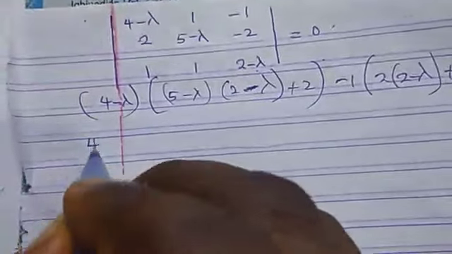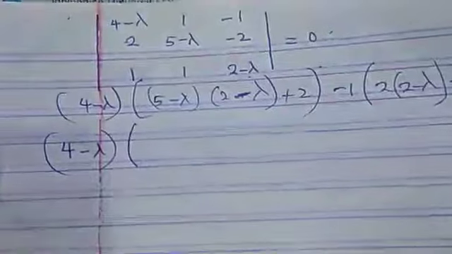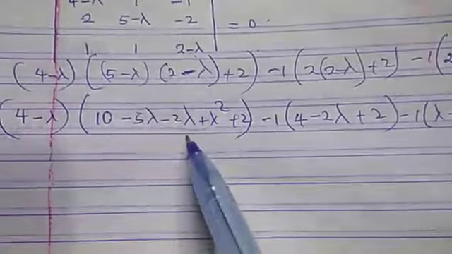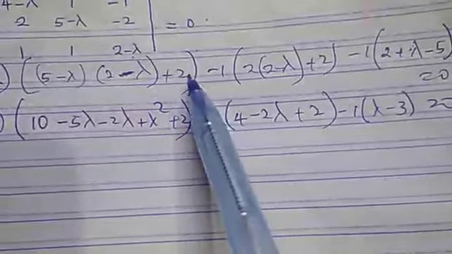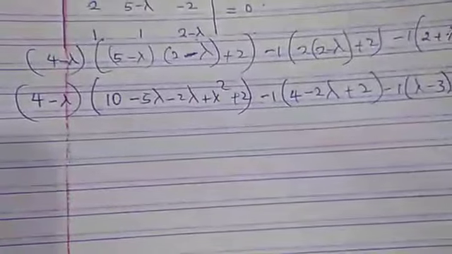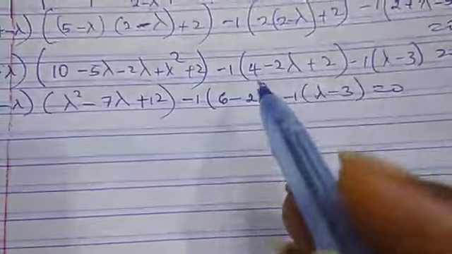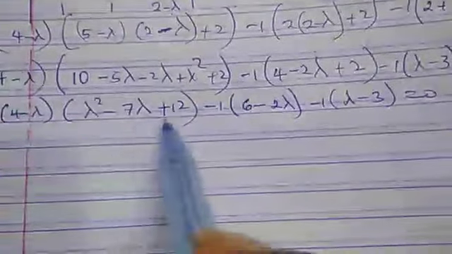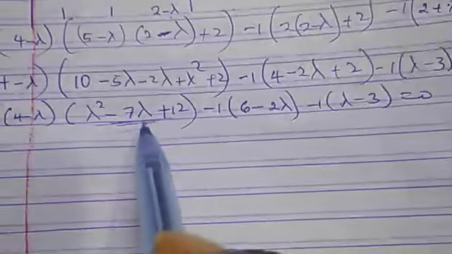Now, if we expand, we are going to have this. This is this expansion, and this is the plus 2, likewise this. When we simplify and expand further, you see that it is a quadratic expression.